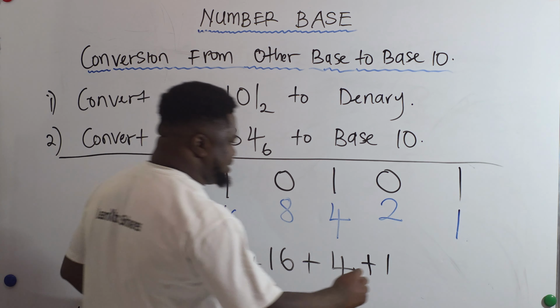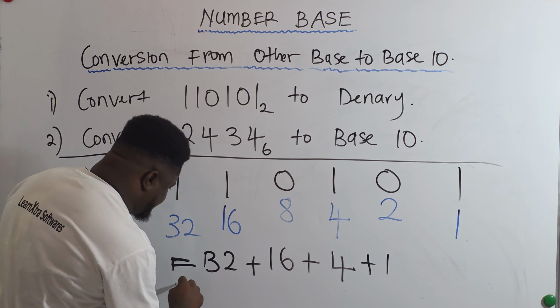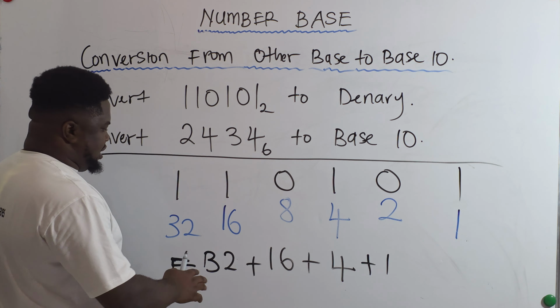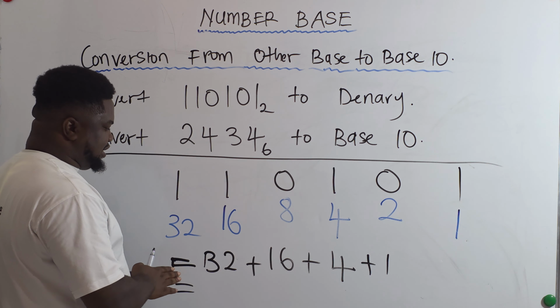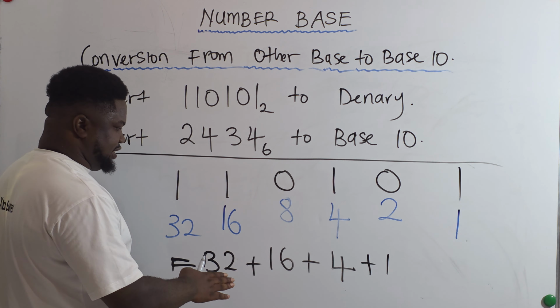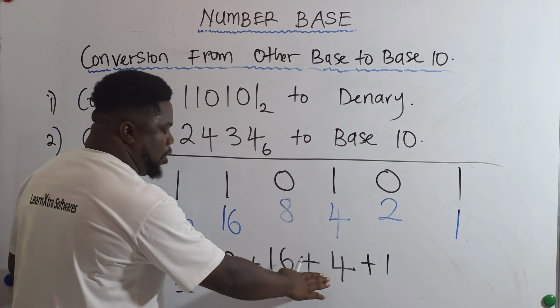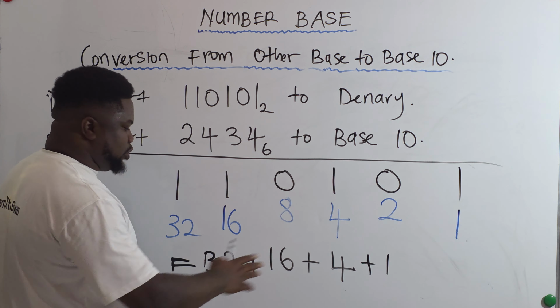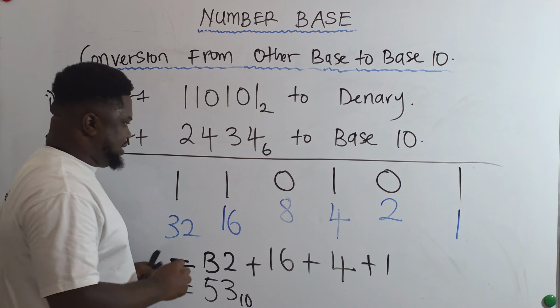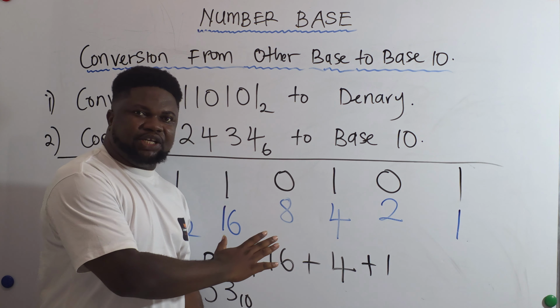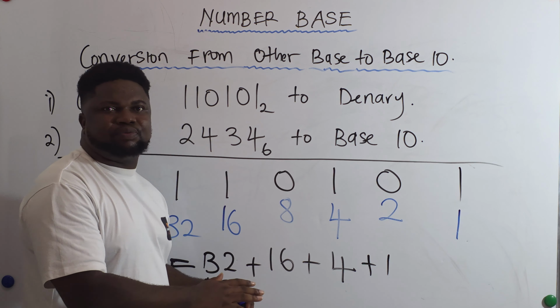So when I add these, 32 plus 16 is 48, 48 plus 4 is 52, plus 1 is 53 in base 10. Very simple. Position value, quick and sharp.